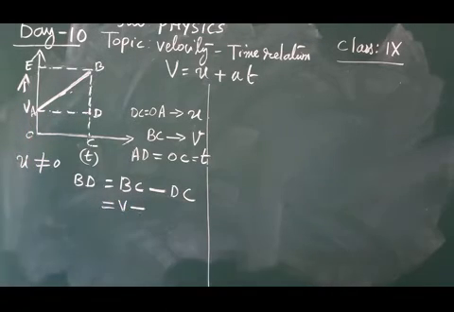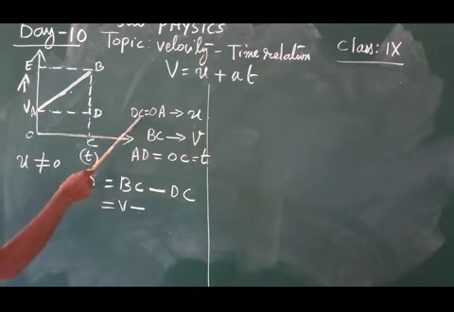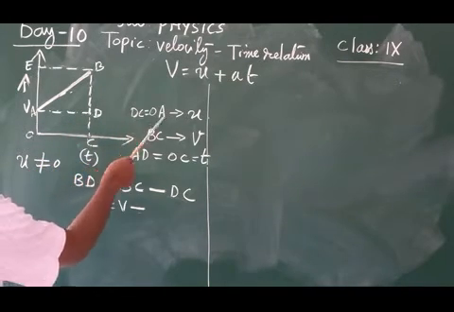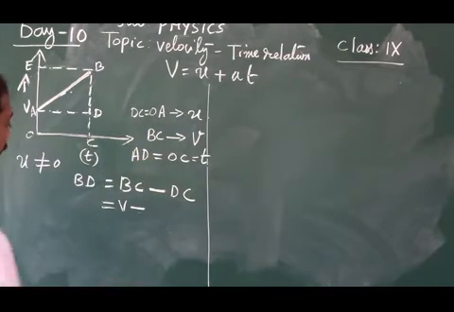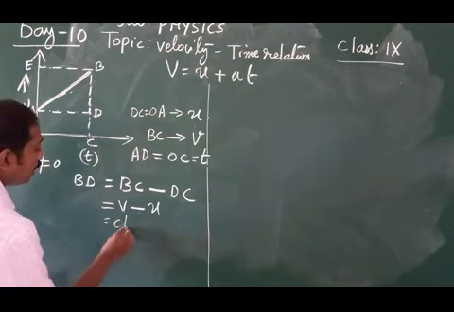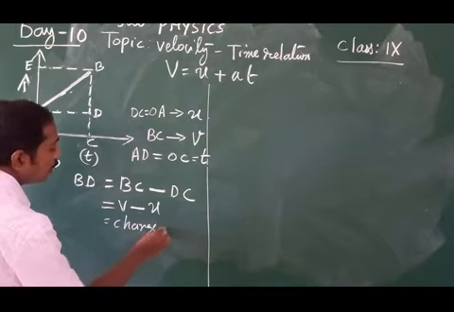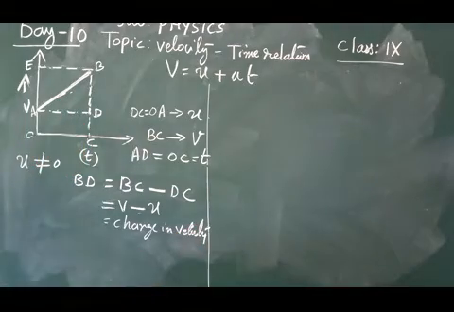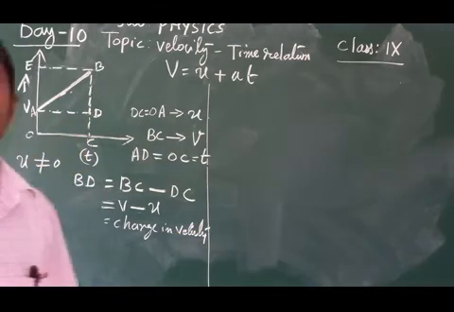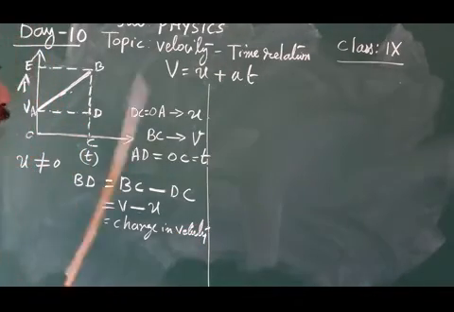What will DC be? DC and OA are equal, which is why we write DC equal to OA, the initial velocity. So we can write v minus u, which is the change in velocity. These are the data we are collecting from the graph for the derivation.